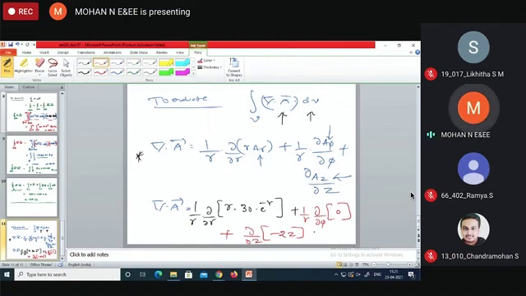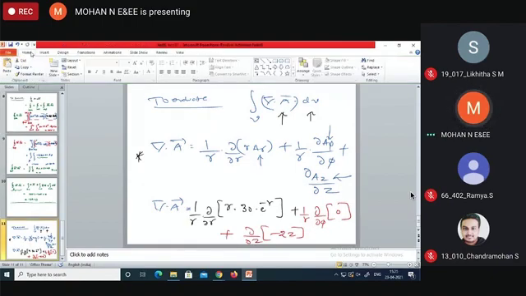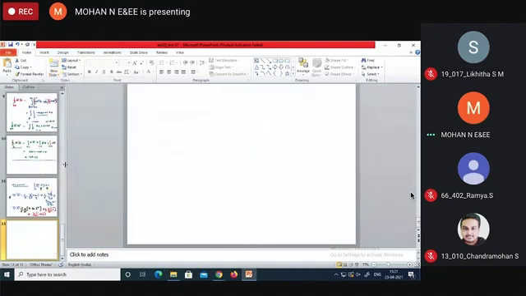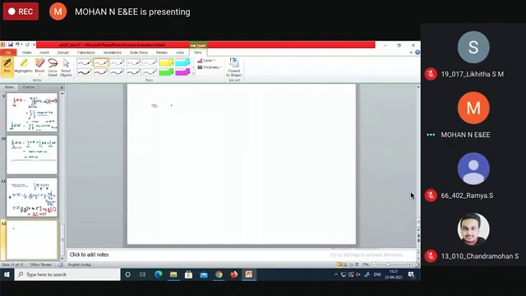So if you simplify it after partial differentiation, you will be getting the divergence of A vector as minus 30 into e power minus R plus 30 by R into e power minus R minus 2. Okay.